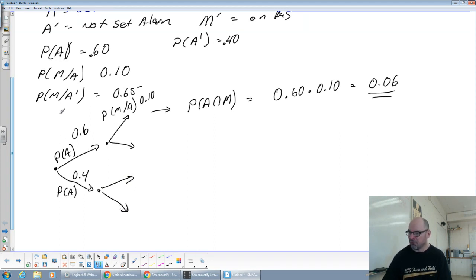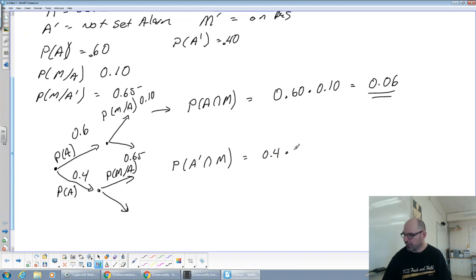Okay, the probability that he didn't set his alarm and then he missed the bus is 0.65. So in this case, this is going to be the probability that he didn't set his alarm and he missed the bus, and that's going to equal 0.4 times 0.65.